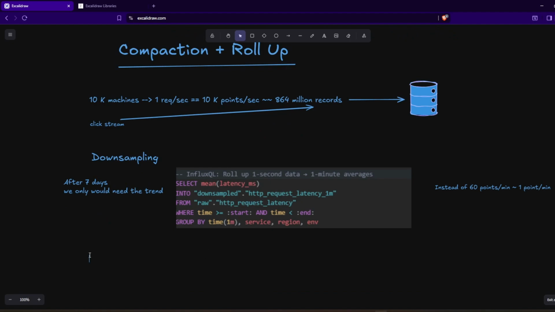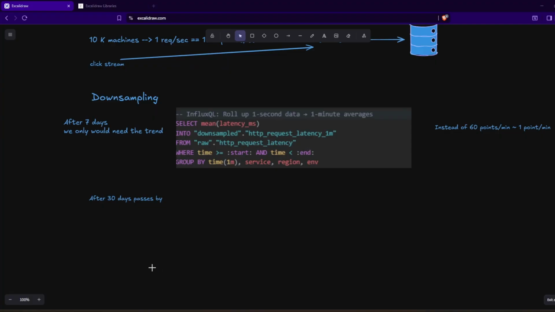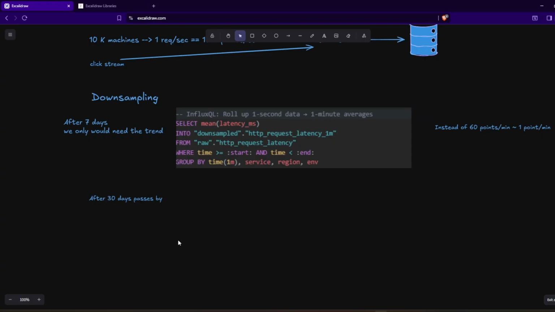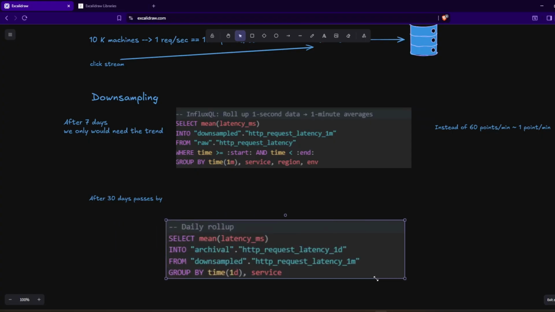Again, after 30 days pass by, a daily rollup happens. After 30 days we can roll up: instead of 1 minute, we are going to group by the whole day. So instead of an hourly basis, we are going to have a day-wise trend.